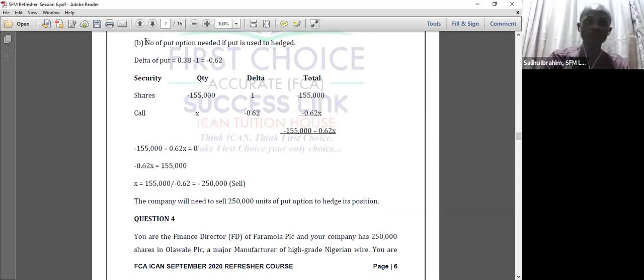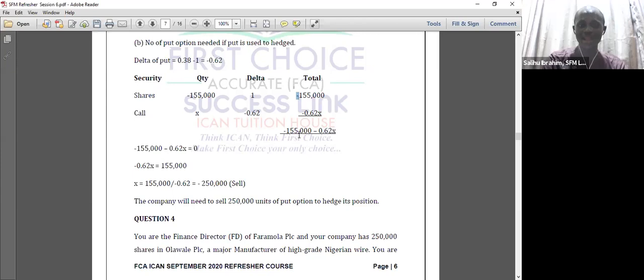Now, if we want to use put option, the first thing is that we need to compute the delta of put. Delta of put is equal to delta of call minus 1. So I'm having minus 0.62. Now, my shares remain the same. Sorry, change this to put. We have put, not call any longer. So the quantity is not known. This is the delta. Multiply the delta by the quantity. I have minus 0.62x.